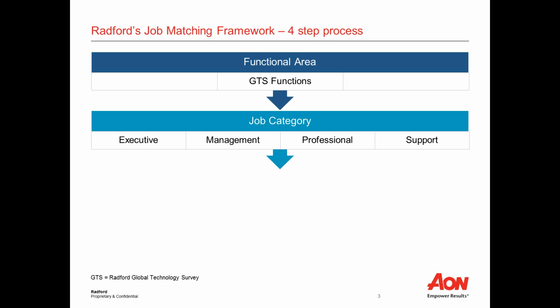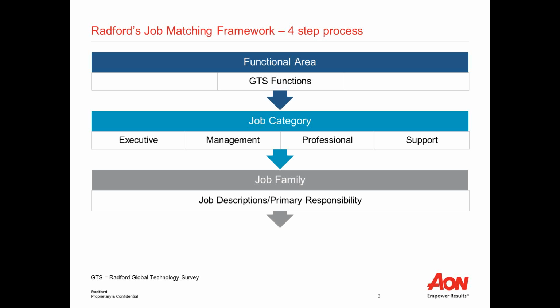Then our support category consists of individuals who sit within a role that provides unique support to different functions within the business. Once we've identified these, we're able to slot your internal employees into a function and then into a job category.